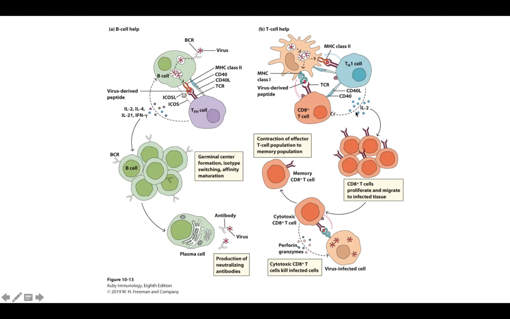These cytokines can have effects on a CD8 positive T cell that's also seeing antigen in its TCR through presentation through MHC class 1. And so this T helper cell is helping the CD8 positive T cell to proliferate as well, so that it will make functional and proper memory responses.